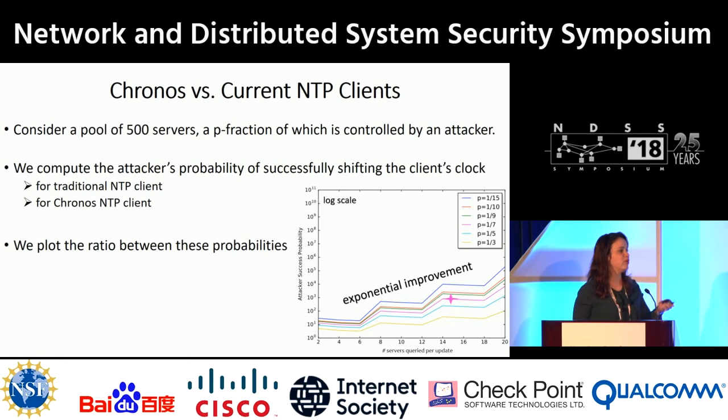So for example, if we take our previous scenario where we query 15 servers per update and where the attacker has full control over 7 of the 500 servers, we will see that Chronos can improve on the current NTP by a factor of 1,000.